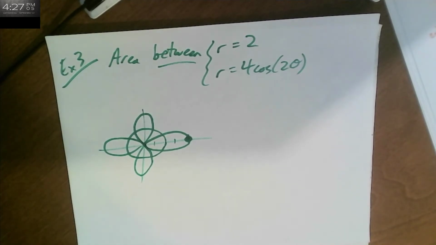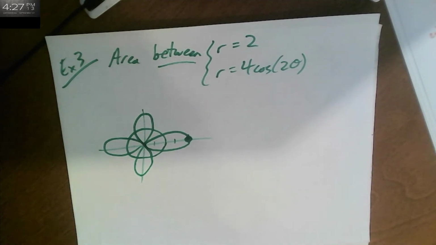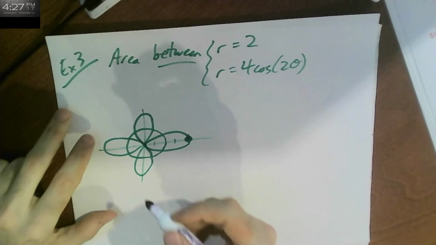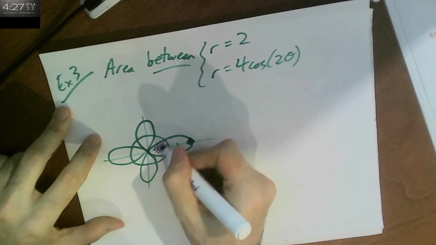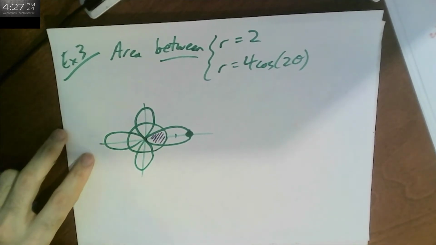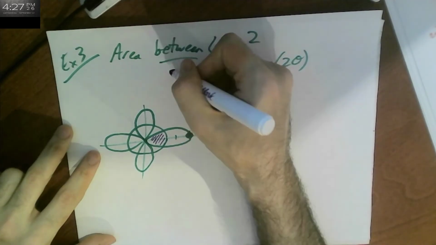So the part between these two, the part that's inside both, would be the region. I'm trying to think of what might be a good color for people, having not checked colorblind, I'm so sorry again. It would be like this part, right? This part is between both. Between is kind of ambiguous.